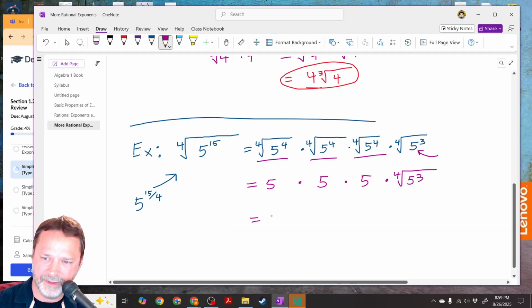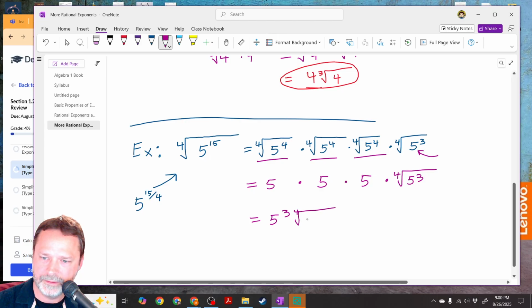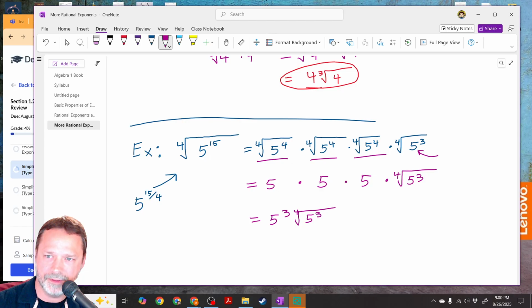Oh, shoot, I got 3 5s, times the 4th root of 5 cubed.